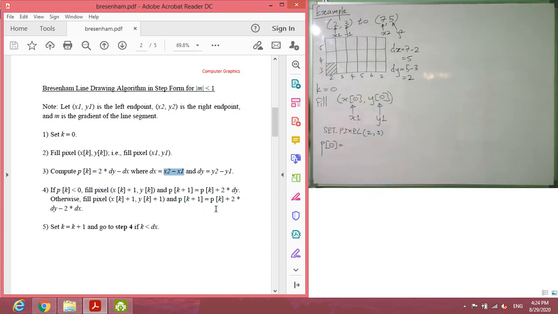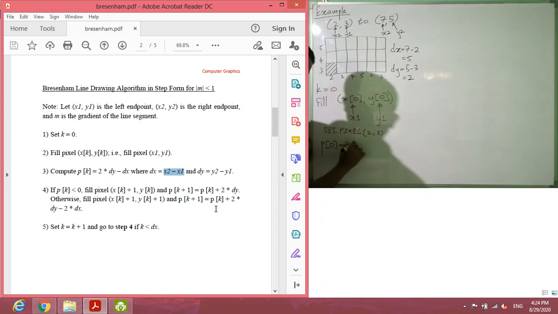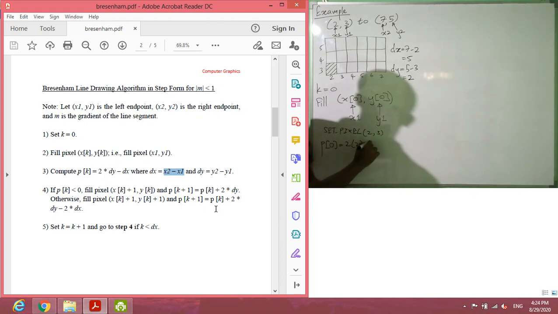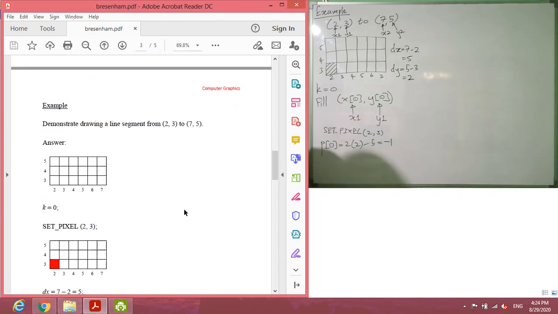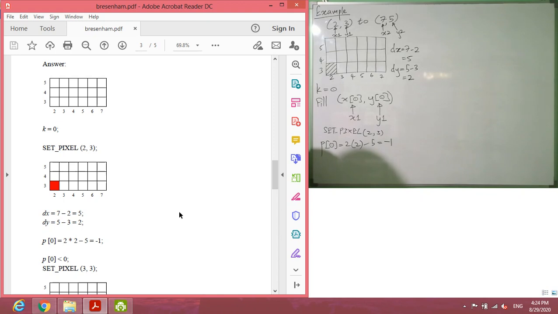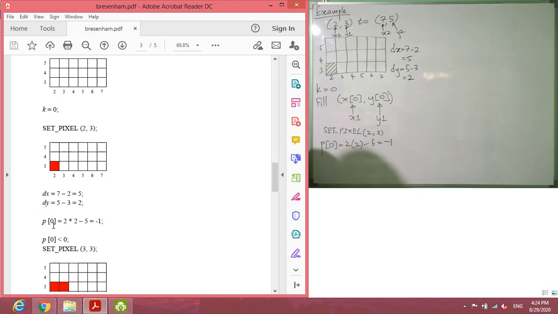Now p naught can be computed as 2 into dy minus dx. That is our step 3. In this example, you can see this part.